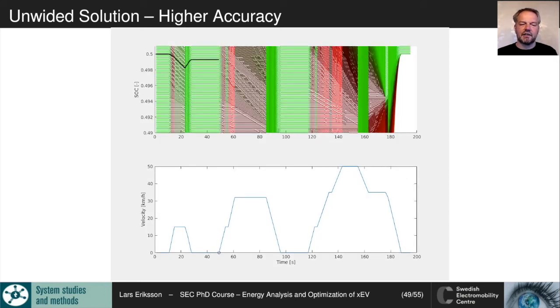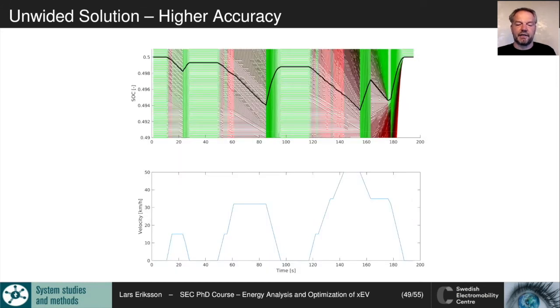Here you can see how it unwinds the solution again, but the characteristics are completely different compared to the first, since we have a better discretization and we get access to more utilization of the battery and state of charge.